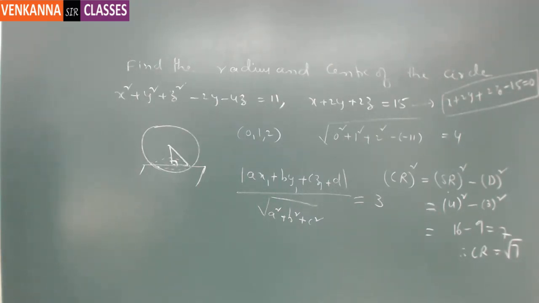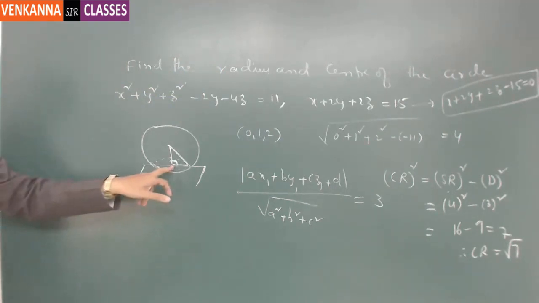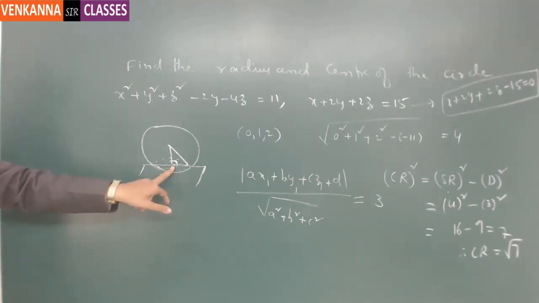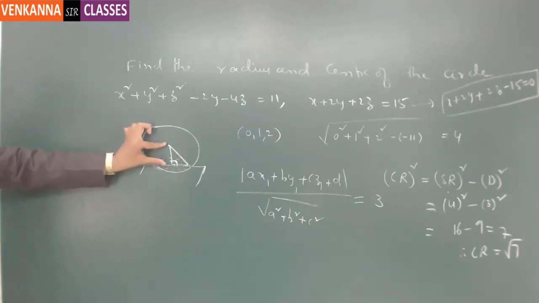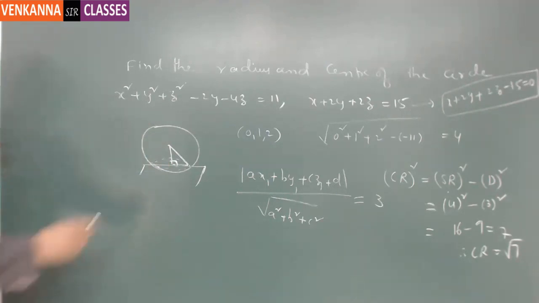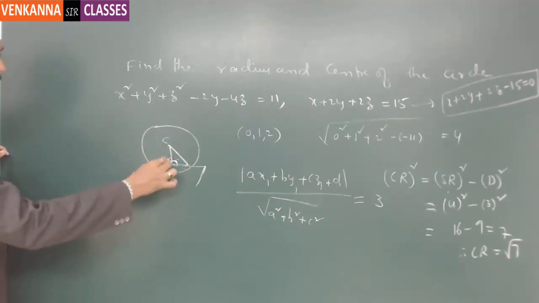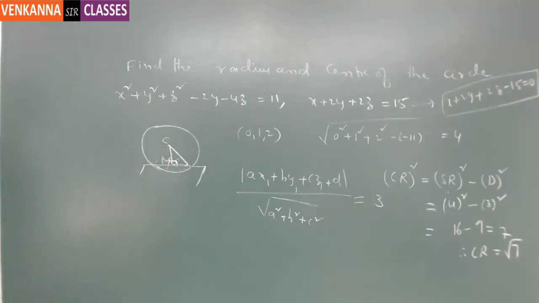Right. Now, the second thing is we have to calculate the center of the circle. Here, the center is nothing but the foot of the perpendicular on the plane. So you are calculating the foot of the perpendicular from the center to the plane. Let us say C is the center of the sphere, M is the foot of the perpendicular.